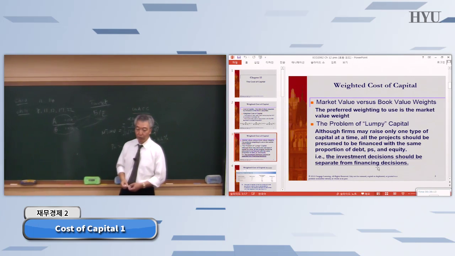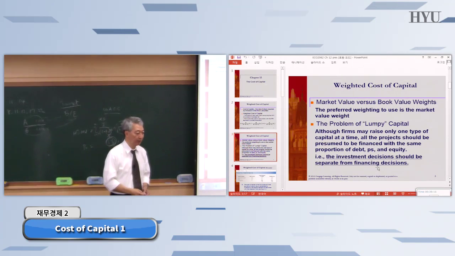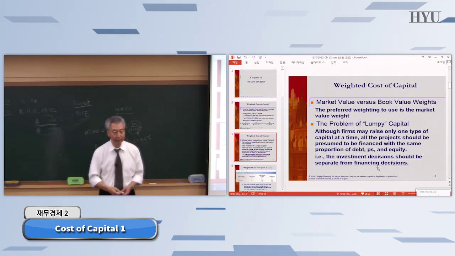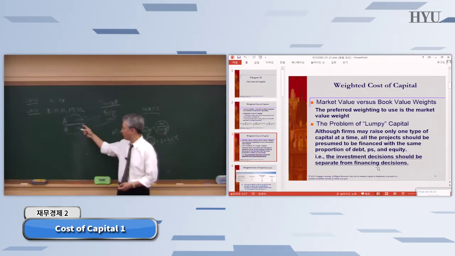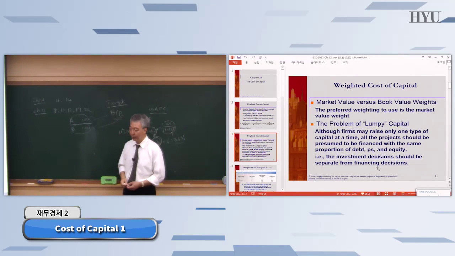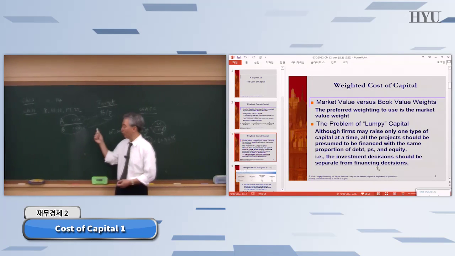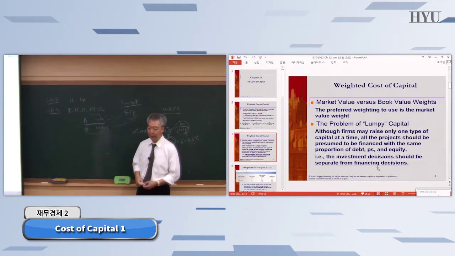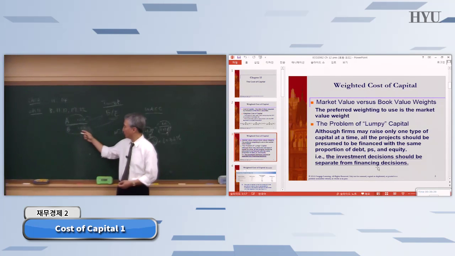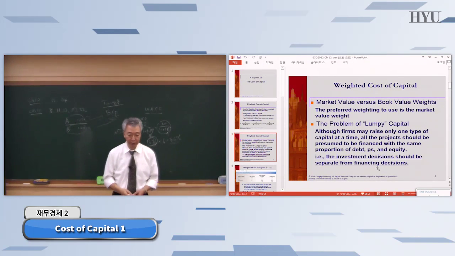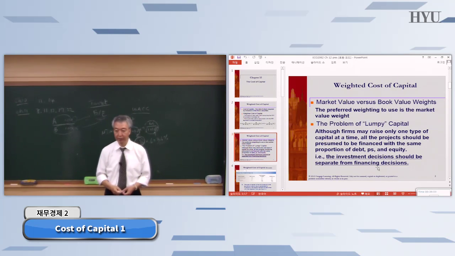Which doesn't make sense in the overall picture. If you look at the company's overall picture, if projects are identical in their risk level and return level, then the way you raise the capital should not matter. In other words, the investment decision should be separate from the financing decision. So from that point of view, the ideal way of making the decision is to use WACC, right?